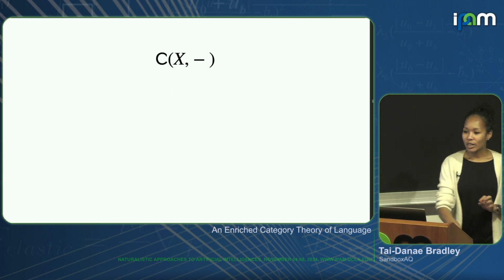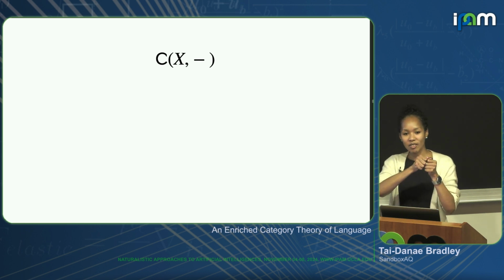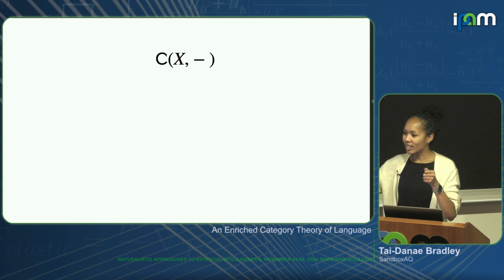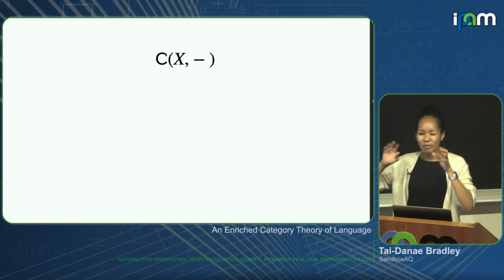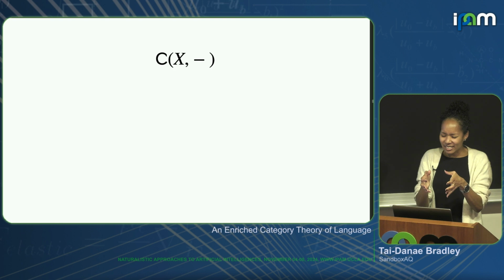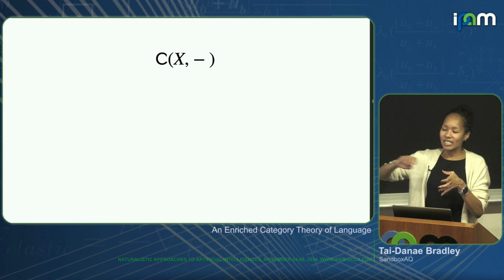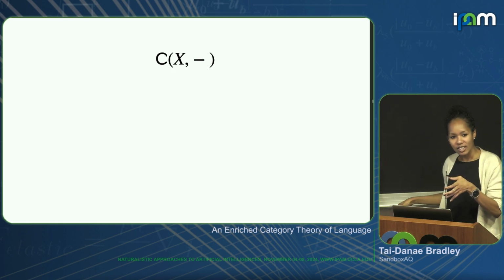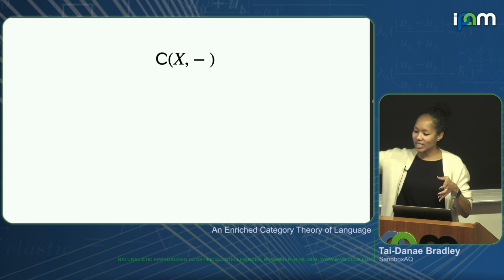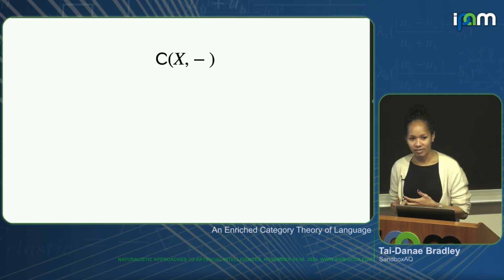So remember, C(x, y) is the set of morphisms from x to y. If I leave that second slot blank, I'm fixing an object x, and I'm looking at all of the relationships that object has to every other object in the category, such that when I fix a y, I then get a set.